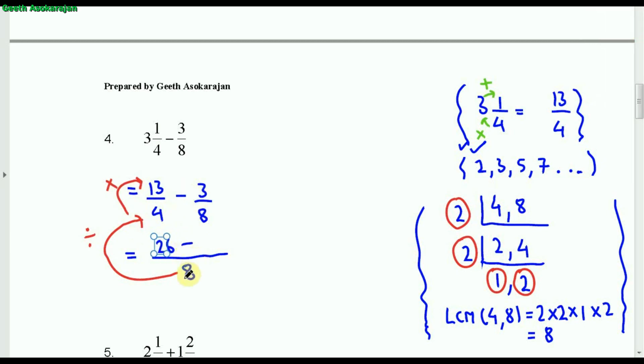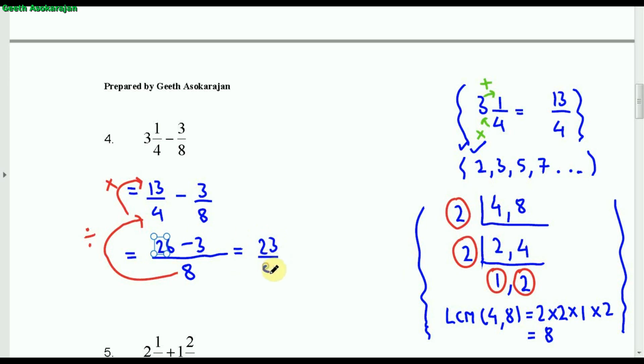Minus in the middle. Doing the same for the next fraction, 8 divided by 8 is 1. 1 times 3 is 3. So if I continue along the line, 26 minus 3 is 23.